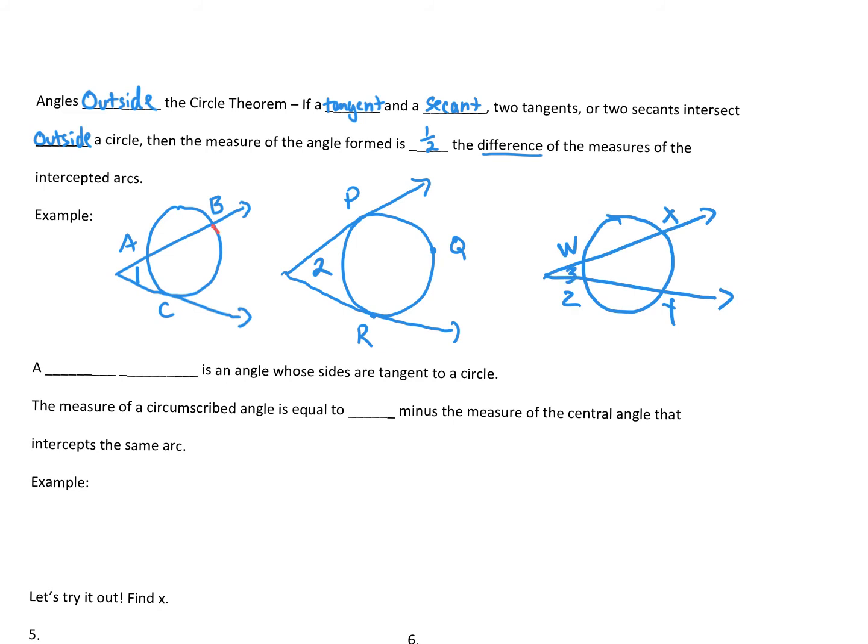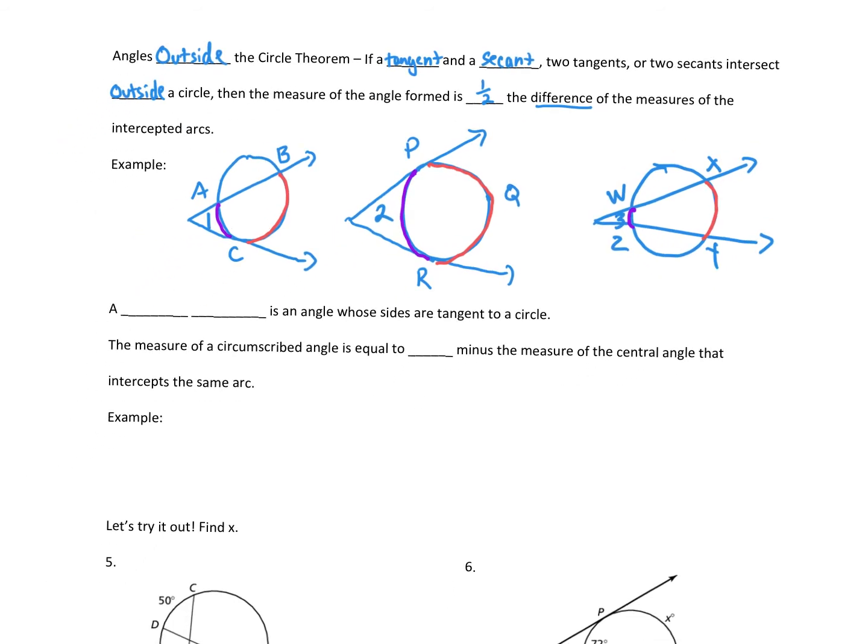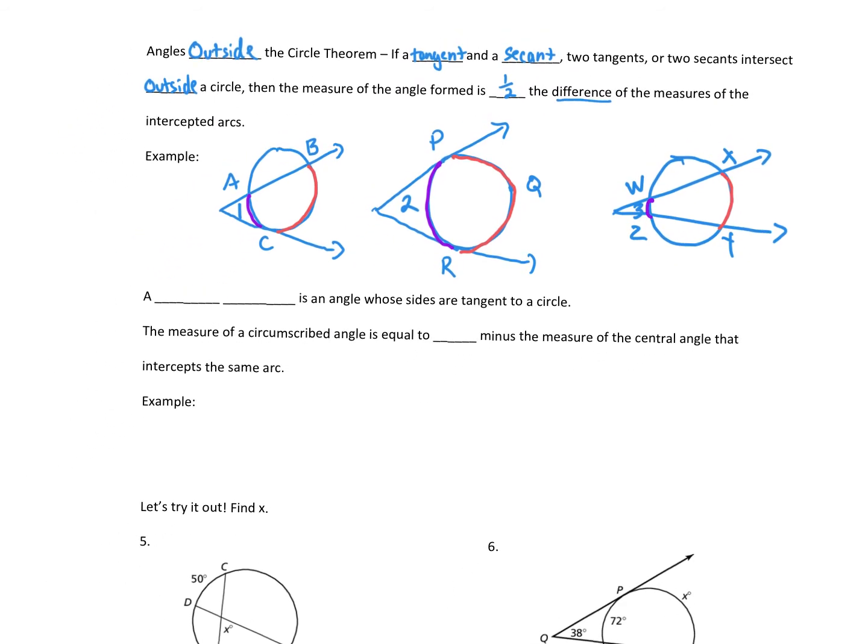I'll color code this. The outside part, the larger arcs, we'll color in red. Inside, the smaller arcs, we'll color in purple. If you have this, you basically take 1/2 the larger arc minus the smaller arc.